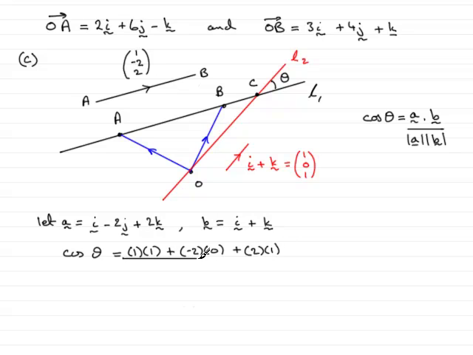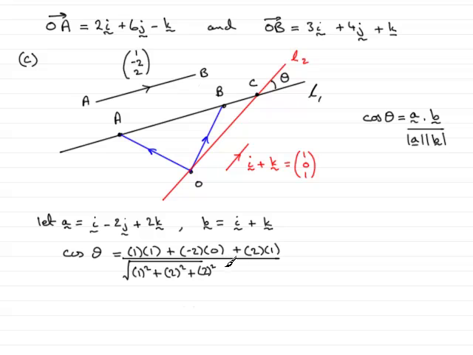And then that's all divided by the magnitude of a multiplied by the magnitude of b. To find the magnitude of a vector, it's the square root of the sum of the squares of the components. So that would be 1 squared plus 2 squared, you don't need to write the minus in, plus the 2 squared here. So we have that.